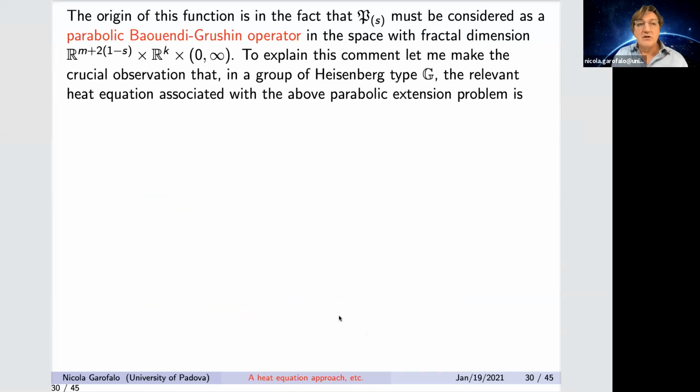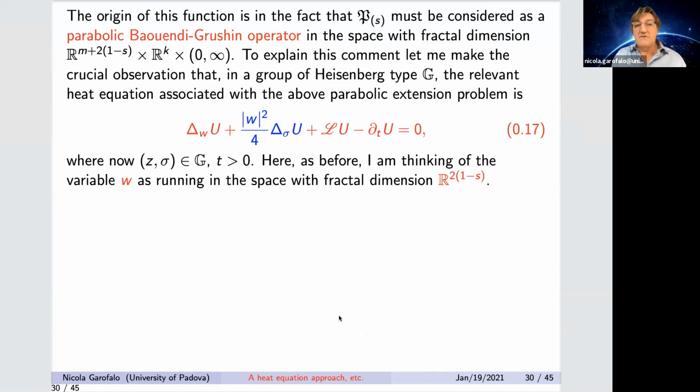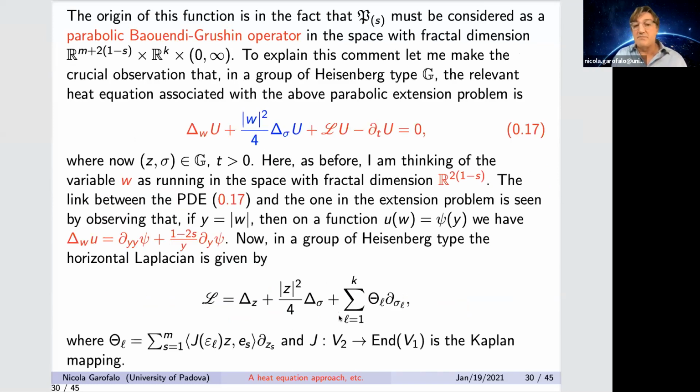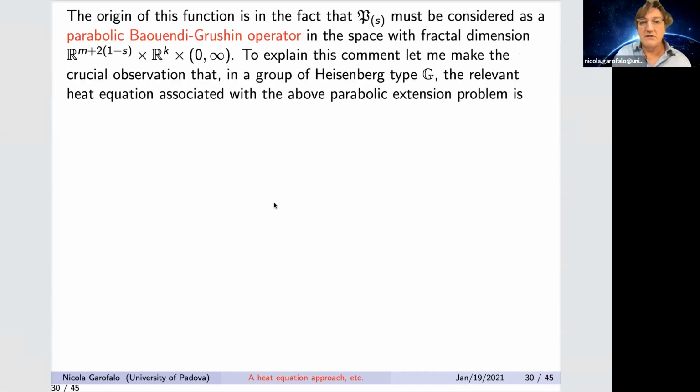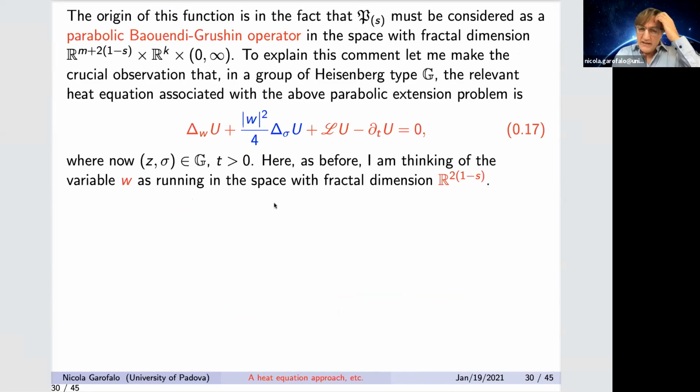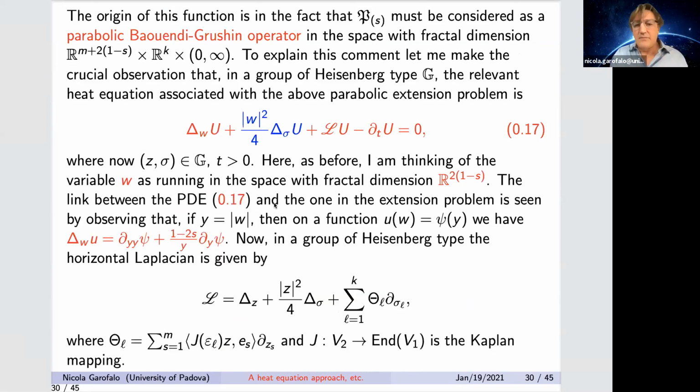Okay, so the origin of this function can be explained by the fact that this operator P lower S can be viewed as a special Baouendi-Grushin operator, and in order to recognize this, you have to go a little bit into the guts of what the expression of the horizontal Laplacian in a group of Heisenberg type is.